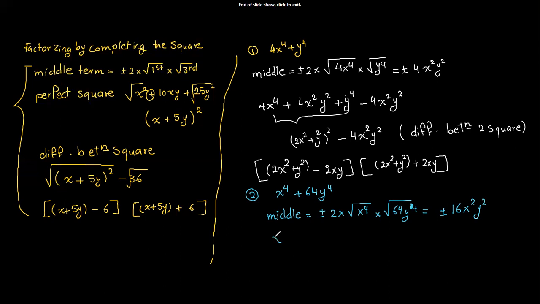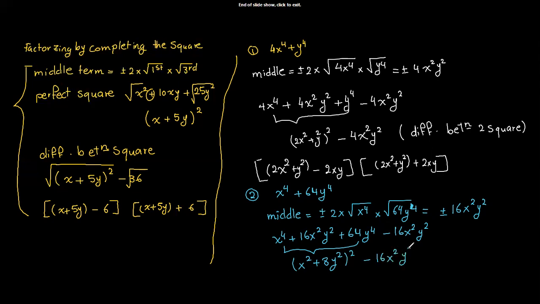So x to the power 4 plus 16x to the power 2 y to the power 2 plus 64y to the power 4 minus 16x to the power 2 y to the power 2. This part is the perfect square, and the other depends on the difference. So (x to the power 2 plus 8y to the power 2) all to the power 2 minus 16x to the power 2 y to the power 2.